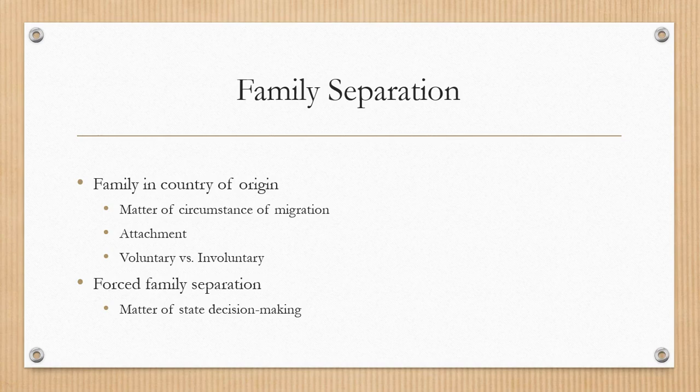Whether that's because of conflict or strife or persecution in country of origin that kind of limits the choices and the decision making a particular family has about the decision to leave, or whether that's because of state decision making or state law enforcement. So I separate that out from kind of traditional family separation as a consequence of migration and forced family separation as a consequence of state decision making.